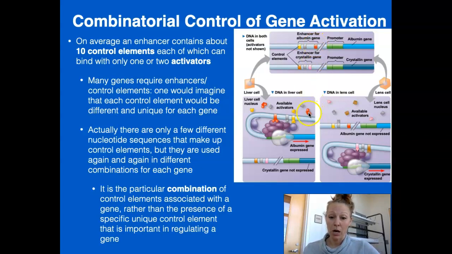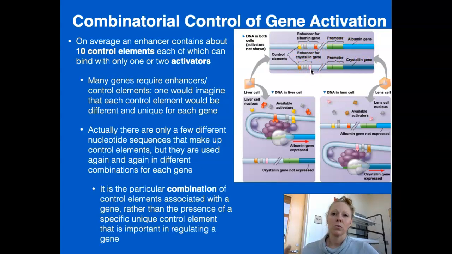So here are our activators. Many genes require enhancers or these control elements. One would imagine that you'd have one activator for each control element and one control element for each operon. But it's not really like that.